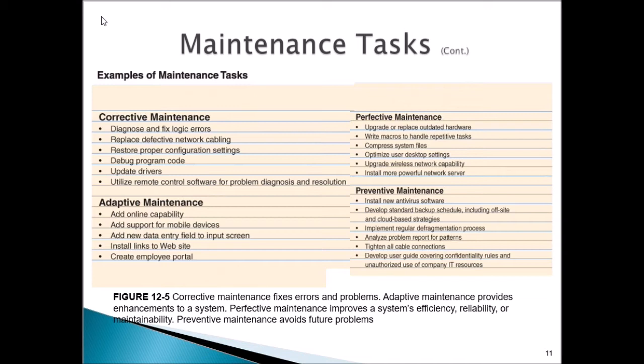Cabling over time, gravity does take over and pull those cables loose. It can take a really long time, but that does happen. And a lot of times rack-mounted servers are not professionally cabled in the back, and it does take a skill set to do that. Develop a user guide covering confidentiality rules and unauthorized use of company resources.